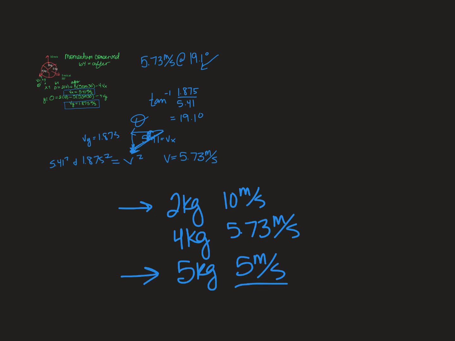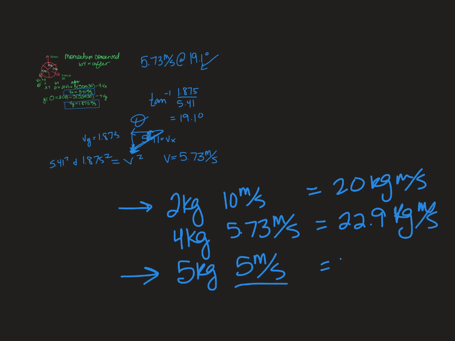Now, which piece do you want to get hit by? You want to get hit by the piece with the least amount of momentum, because that's going to require the least amount of force to stop. So this one has 20 kilogram meters per second. Well, 4 times 5.73 is more than 20. This one's 22 kilogram meters per second.